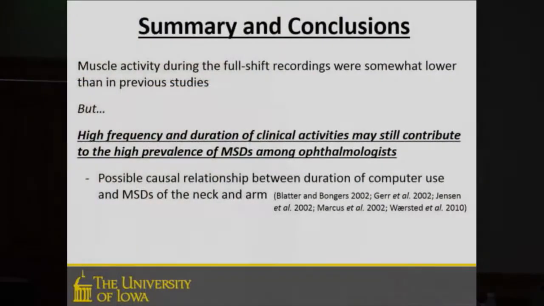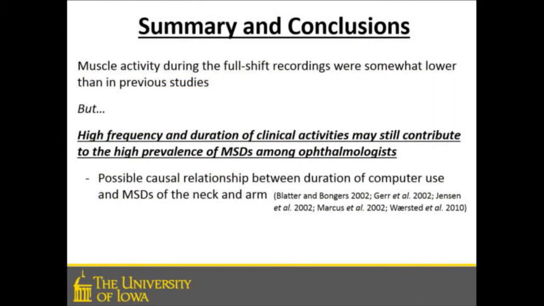There's been a number of studies, here are 5 that have been cited in the last 10 or 15 years, that have established a causal relationship or at least indicated the existence of a possible causal relationship between duration of computer use and musculoskeletal disorders of the neck and the arm. Again, although we can redesign aspects of the work, there's still going to be risk regardless.